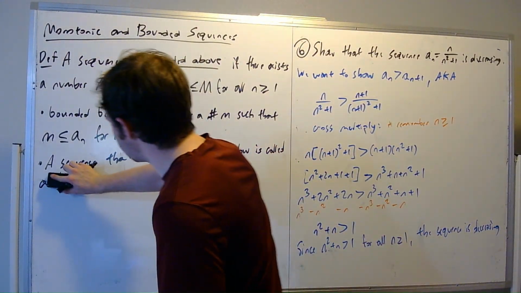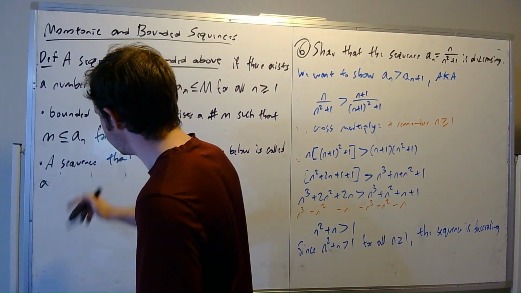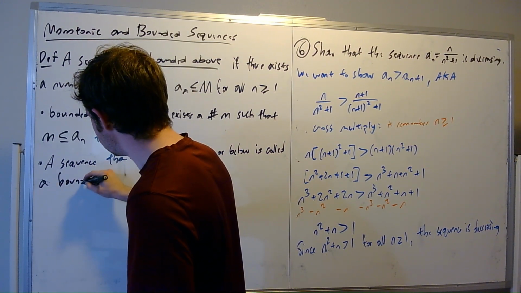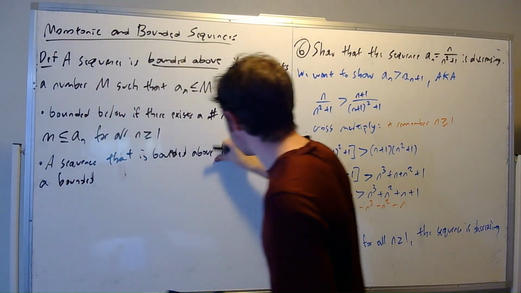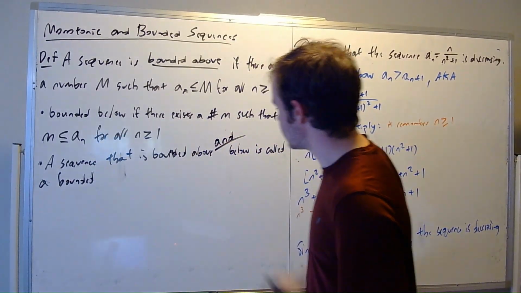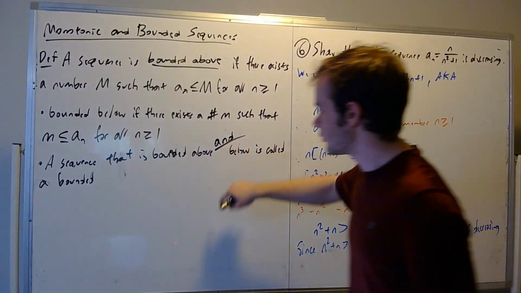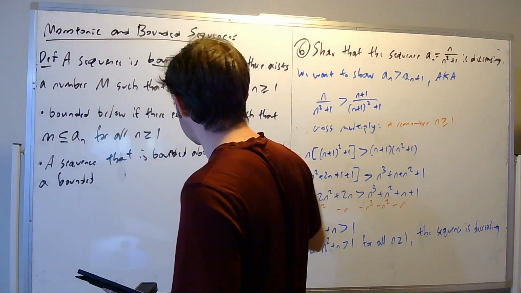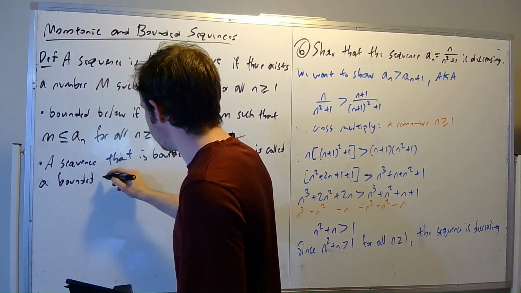I messed up writing that, I messed up this word here. That's supposed to be "and." It's very important. It's supposed to be "and." So a sequence that is bounded above and below is called a bounded sequence.